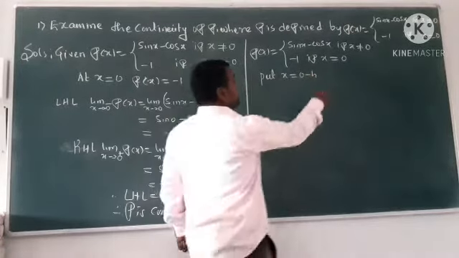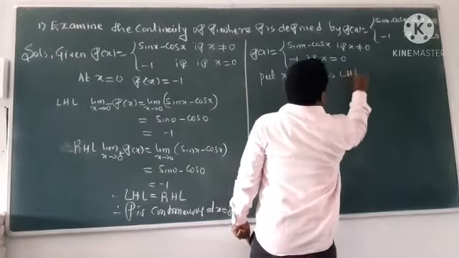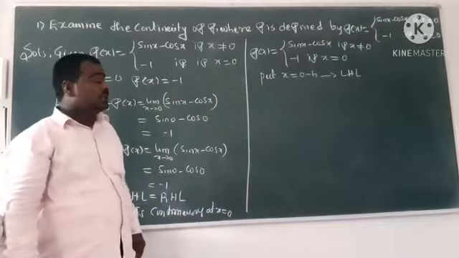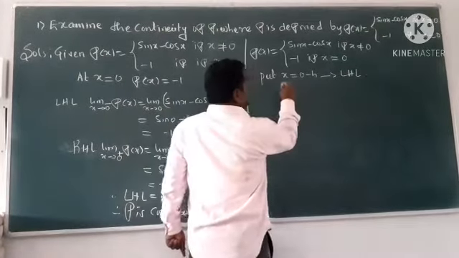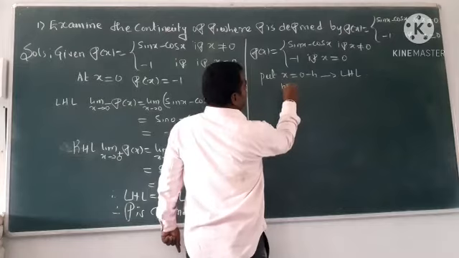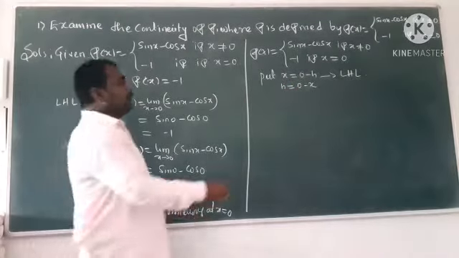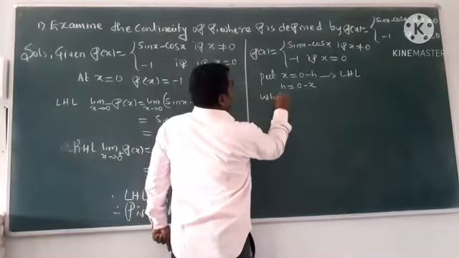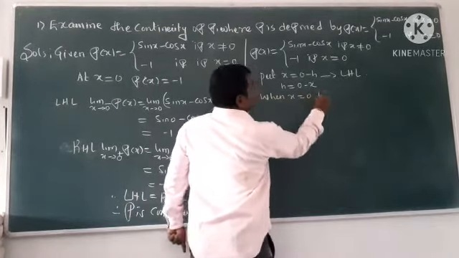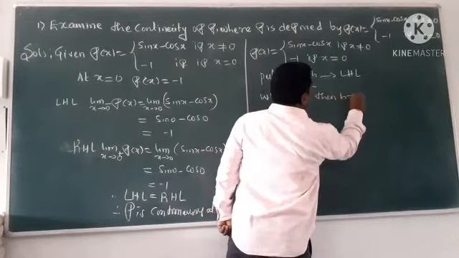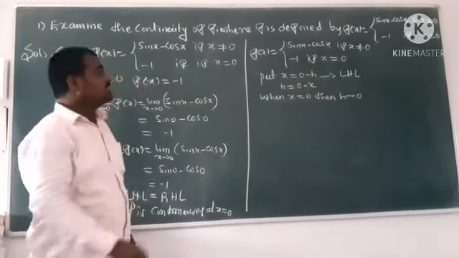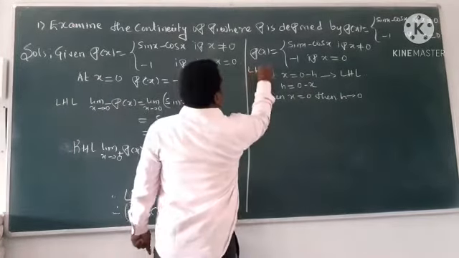It means left hand limit. So change the values: x is equal to 0 minus h, so when h tends to 0, x tends to 0. This is the left hand limit. Keep it in your mind.